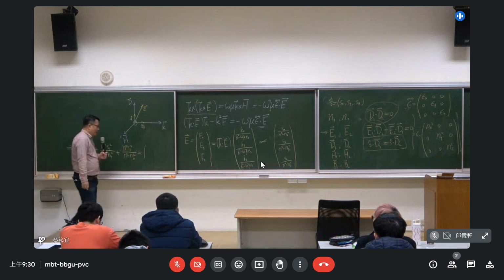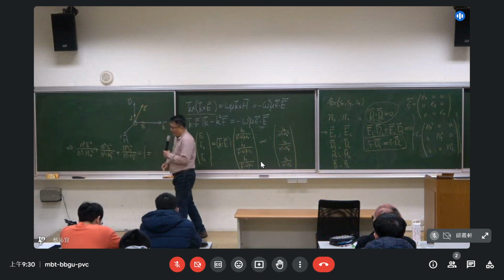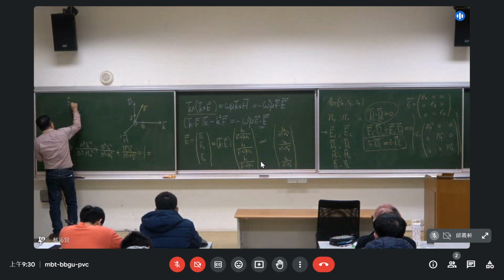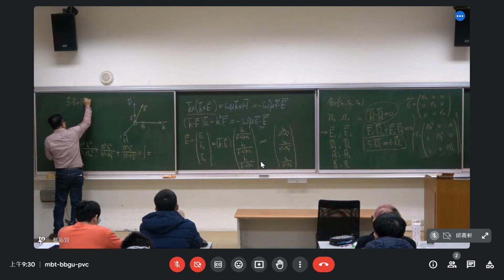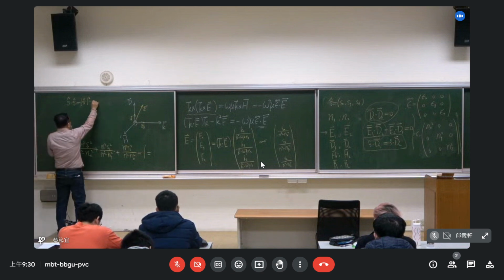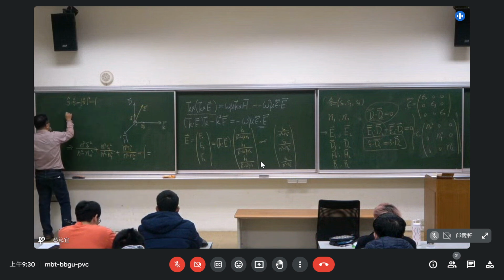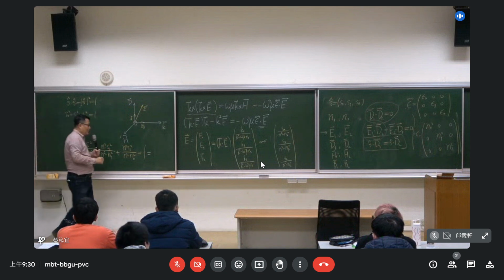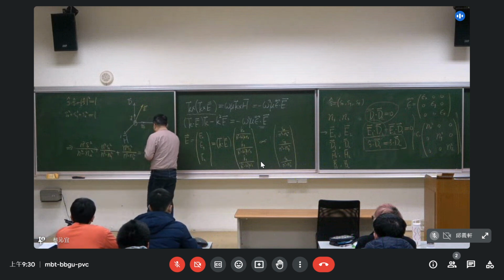Okay, and use the fact that S is a unit vector, so S dot S is equal to the square of the absolute value of this unit vector, which is equal to 1. And this means that Sx squared plus Sy squared plus Sz squared equals 1. So I substitute this 1 with Sx squared plus Sy squared plus Sz squared.